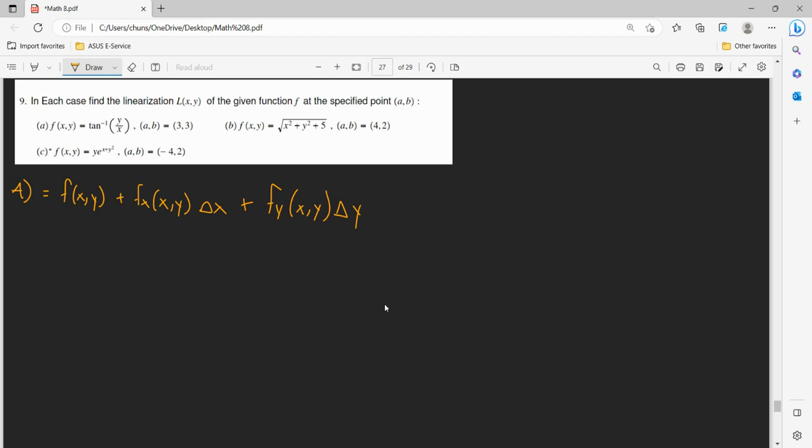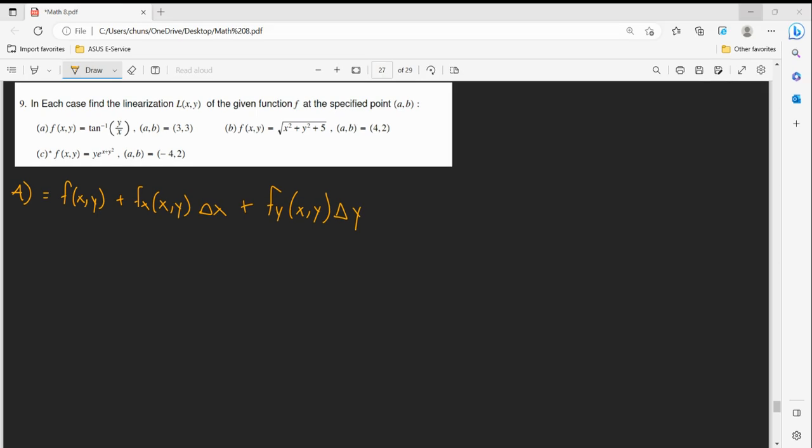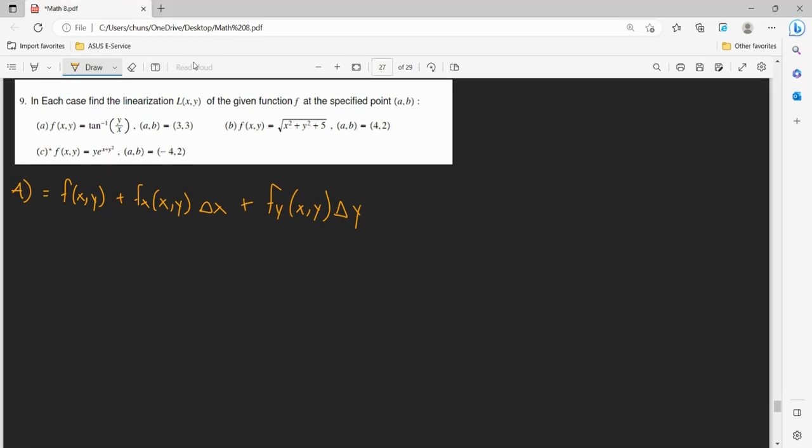Okay, actually I'm going to apply this to part B. So let's work with part B first.